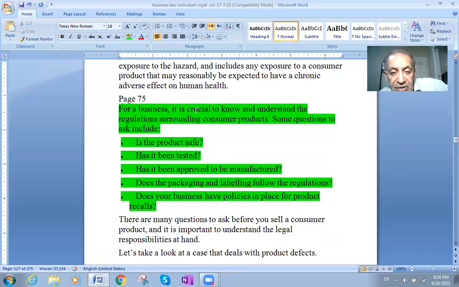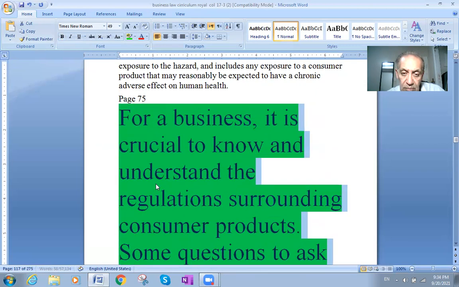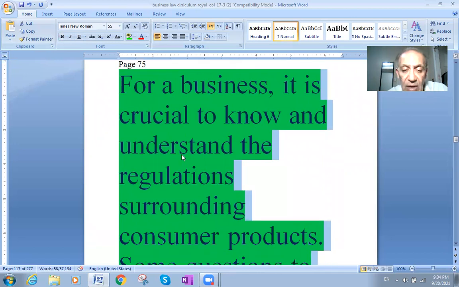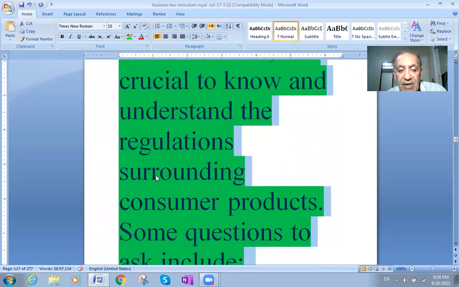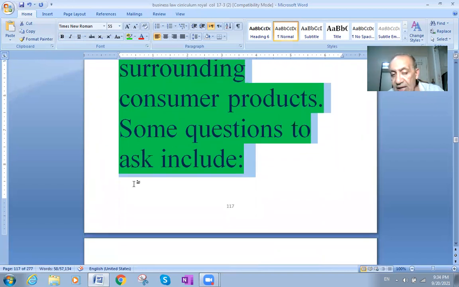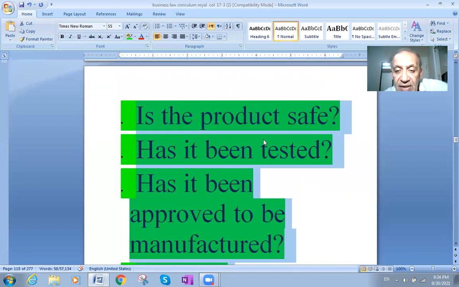For a business, it is crucial to know and understand the regulations surrounding consumer products. Some questions to ask include: Is the product safe? Has it been tested?